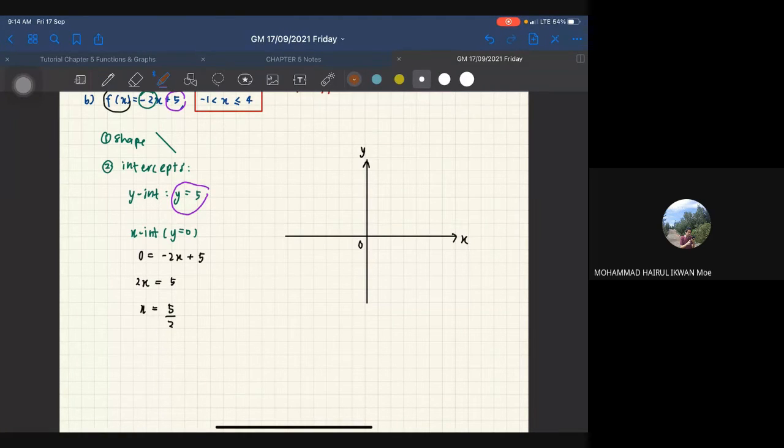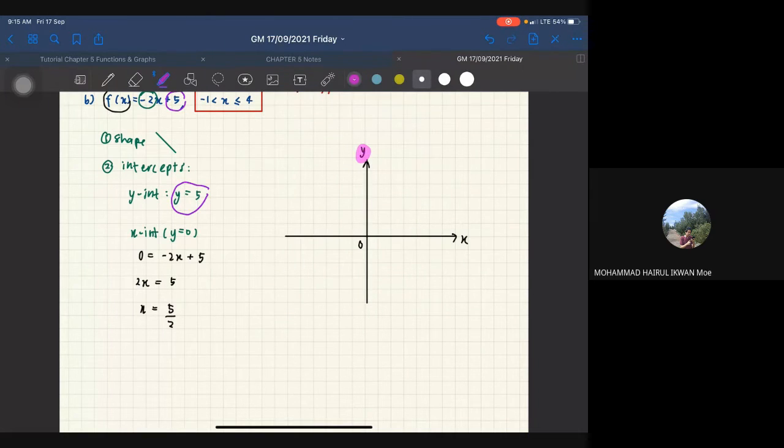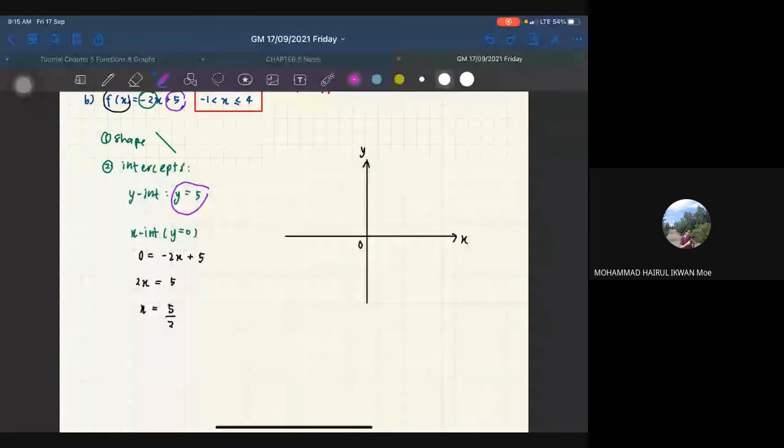Okay, so this one, saya tukar warna sekejap. Ni label y, label x dan juga kosong ni adalah wajib. Dia akan bagi awak satu markah free nanti. So kalau awak tak buat nanti akan hilanglah satu markah tu. Okay, so sayang kat situ, rugi. Okay, so setiap kali nak lukis graf, jangan lupa untuk label awak punya x axis, y axis and also your origin. Okay, so jom kita sambung.